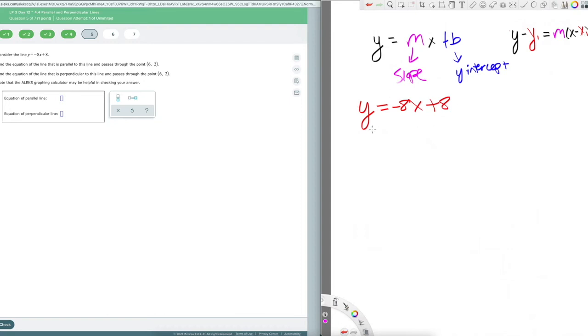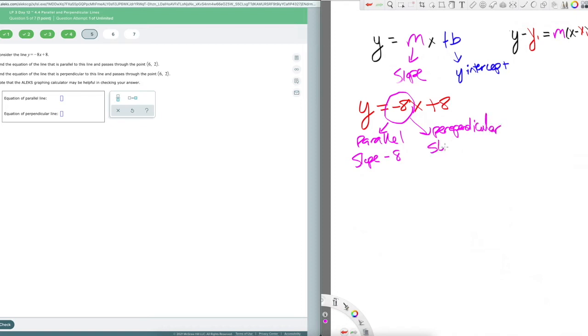So this is slope-intercept form, so I know my slope is -8. If I have a parallel line, so parallel, that's going to be slope of -8. If I have a perpendicular line, perpendicular, I spelled that really funny, then I'm going to have the slope of the negative reciprocal.